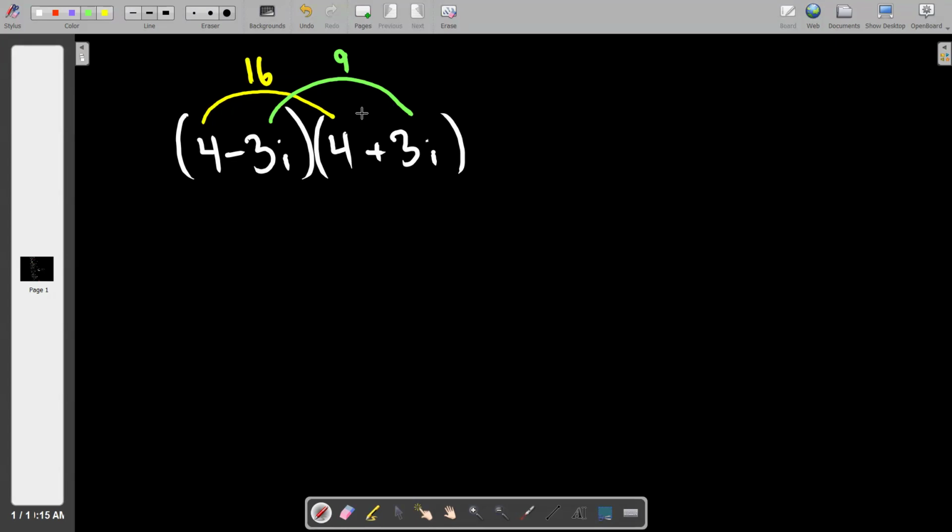And instead of writing minus 9i squared, I just know that it's going to become plus 9. That i squared has the power to take anything and just switch its sign. And the thing is, with conjugates, there will always be a negative in that green answer, because one of them will always be a negative and one of them will always be a positive. Otherwise, they're not conjugates. So the answer to that one is 25.